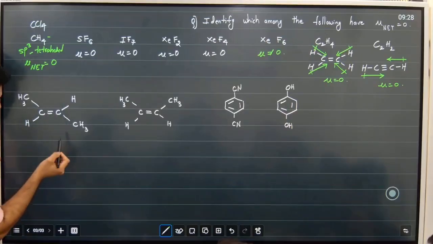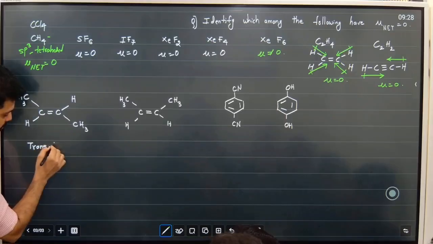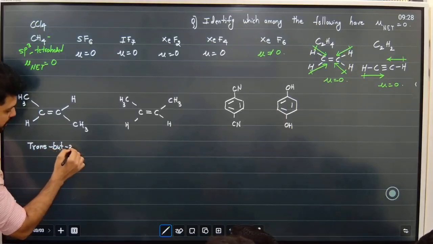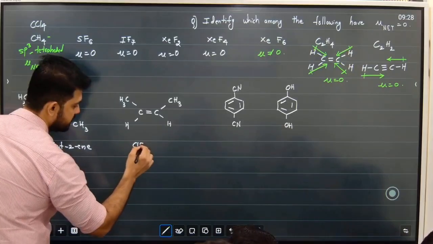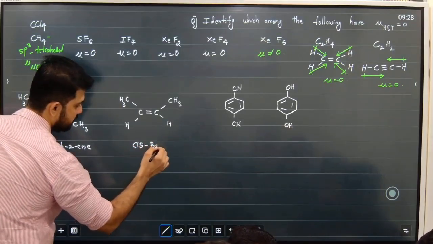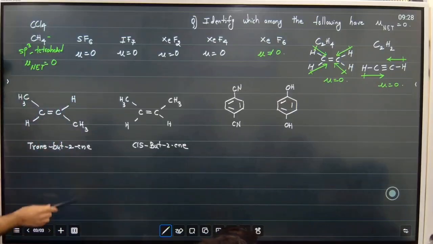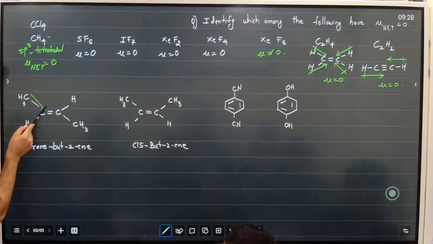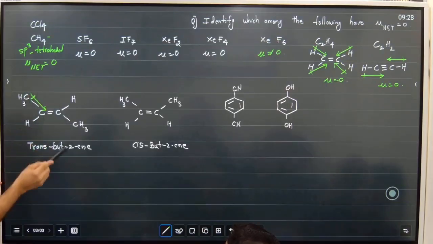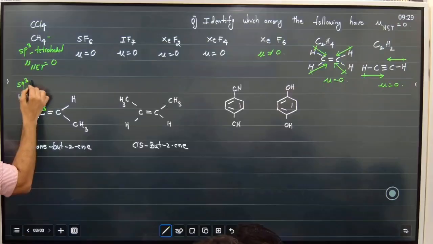Here what we have is called trans but-2-ene molecule, and this molecule here is called cis but-2-ene. So if you look in trans, between this C and this C, the sp2 hybridized carbon is more electronegative. This is sp3 hybridized.